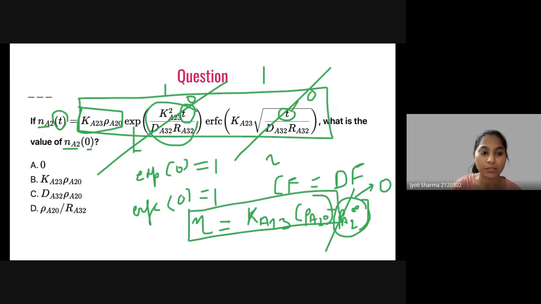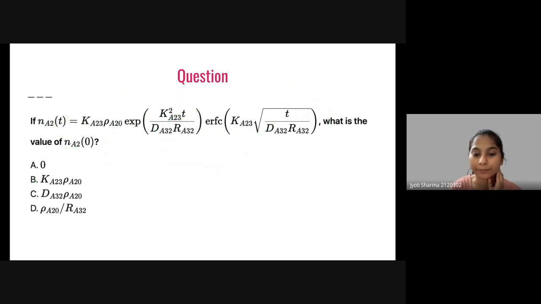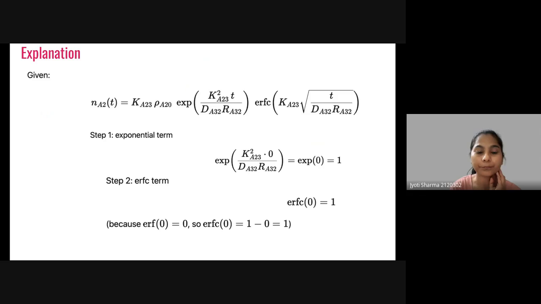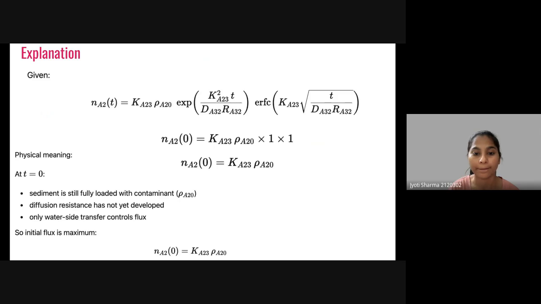So this is what is shown here, right? So that's how B answer will be the right one. This part will be 1, this part will also be 1, and the remaining one is this part.